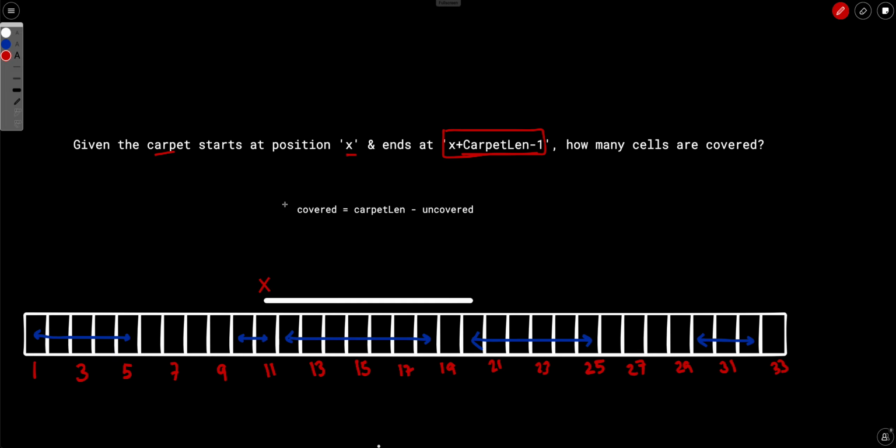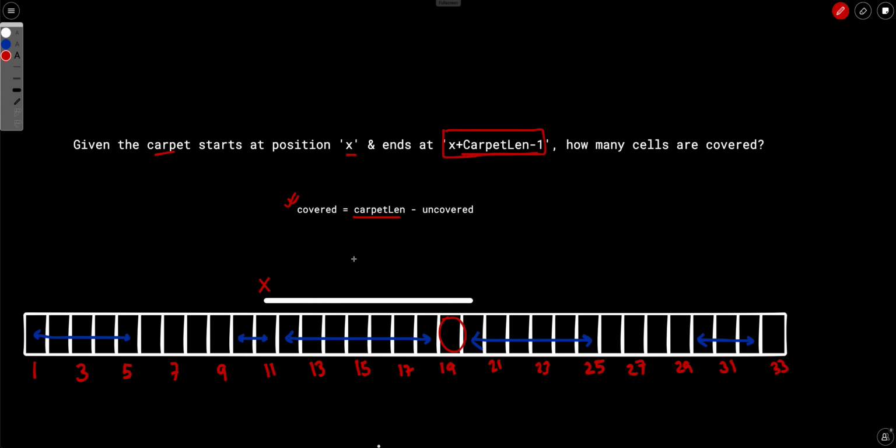Instead of finding covered cells, let's just reverse the problem. Let's find how many cells are not covered, and we will just subtract that from the carpet length. So the carpet is of this length, and we find how many of them are uncovered. Then we get how many of them are covered. For example, if we place the carpet here, we see that one place is uncovered.